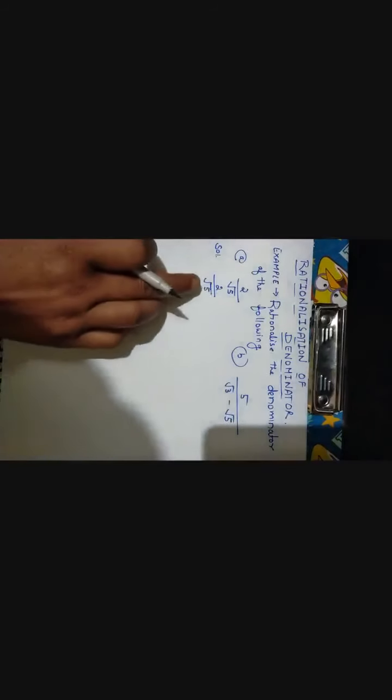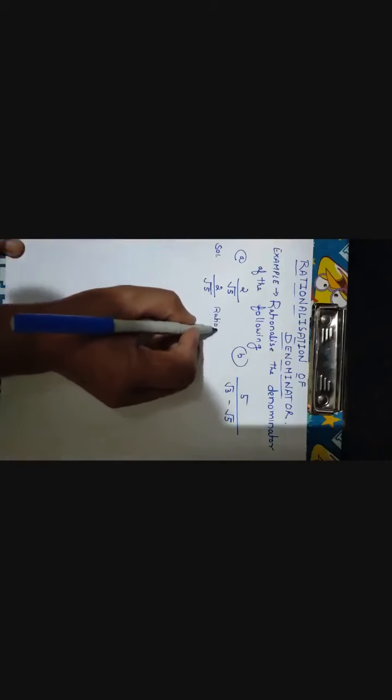First is 2 upon square root of 5. Now here we have to rationalize the denominator, means we have to change this root 5 into rational. For this we have to multiply the numerator by this denominator root 5 and the denominator is also by root 5.